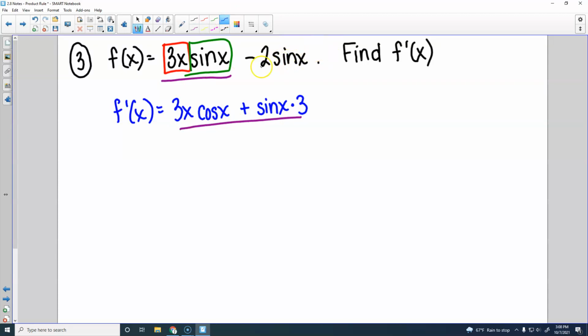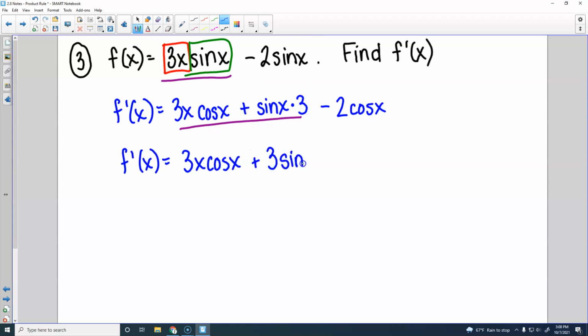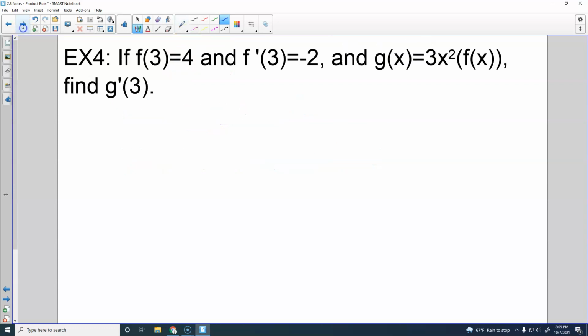But we still have to take the derivative of minus 2 sine x, which is minus 2 cosine x. And so again, there's not much you can do with that. You got 3x cosine x, you would probably write this 3 out front, so plus 3 sine x minus 2 cosine x. There's not anything you can combine there. Even these cosines, this one has an x right here and this one doesn't, so you would just leave it. Okay.